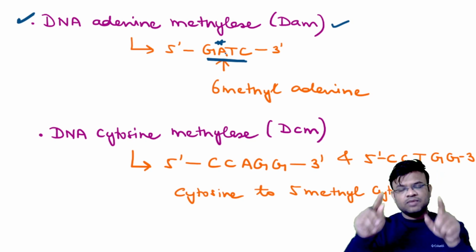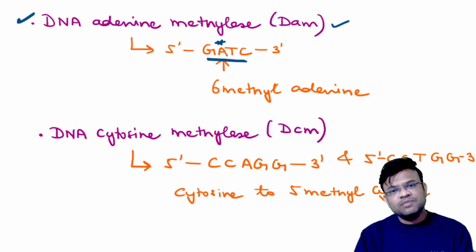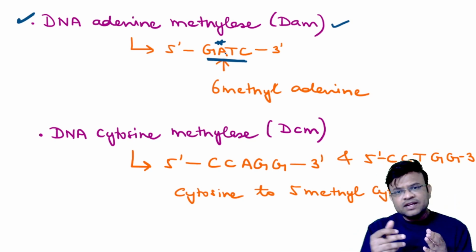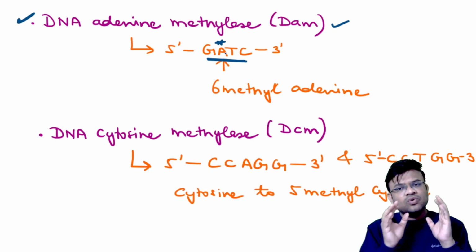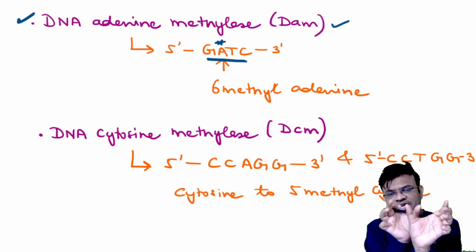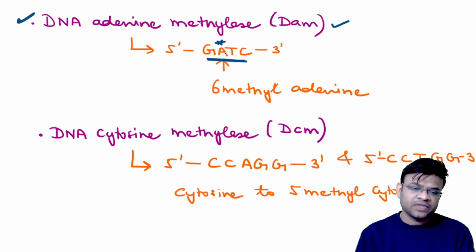That means if you remember the structure of adenine, on the 6th position this adenine will be methylated. So not all the adenines are methylated; only the adenines present in the sequence GATC, wherever GATC is present together, will be methylated at the 6th position.